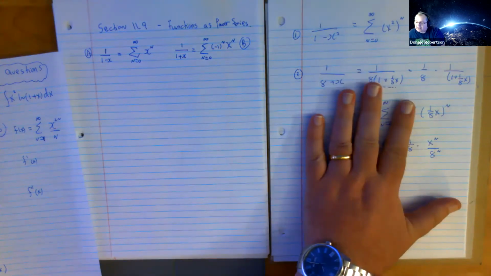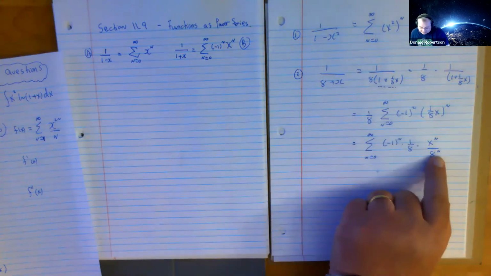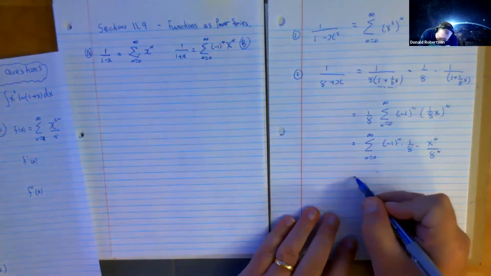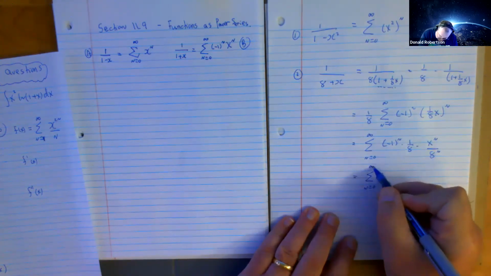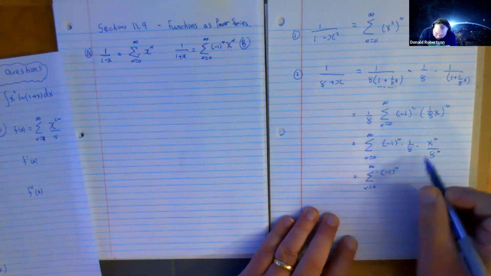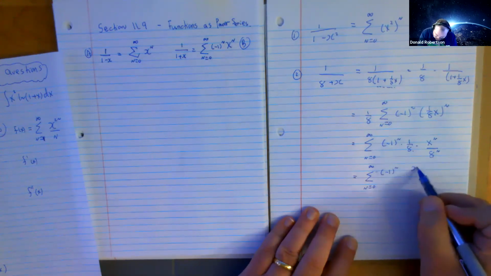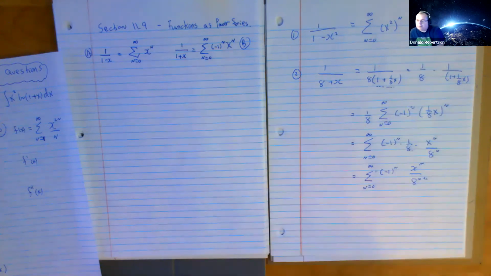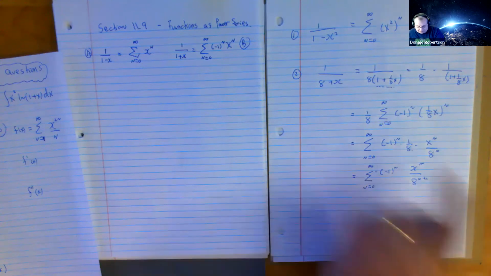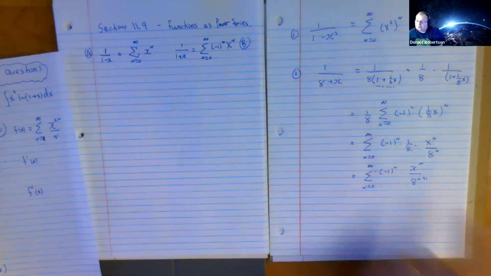Can you imagine it being x over 8 raised to the power of n? Now, almost finished. See, this guy and this guy can come together. And there you are. The power series for this fraction is him. We cool?